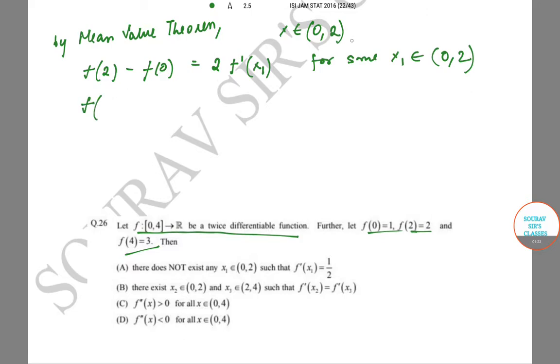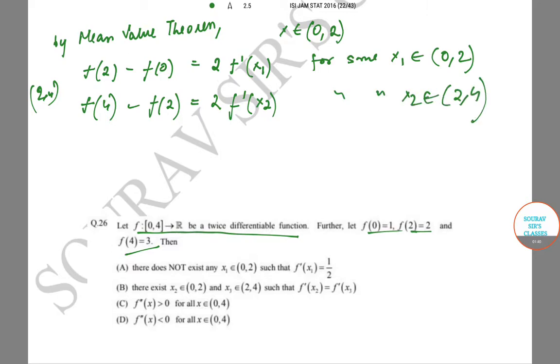Now applying it to 2 comma 4, we have f(4) minus f(2) is equal to 4 minus 2, that is 2 f'(x2), for some x2 belongs to (2, 4).